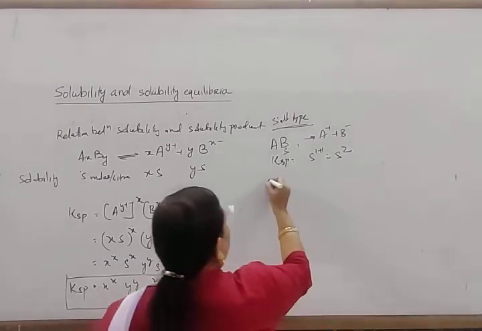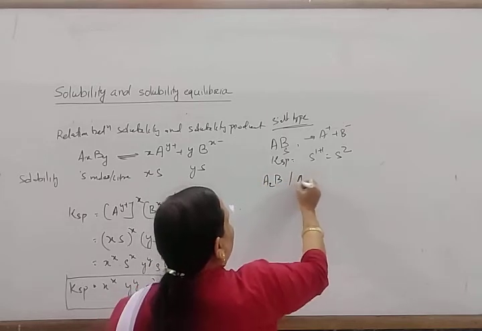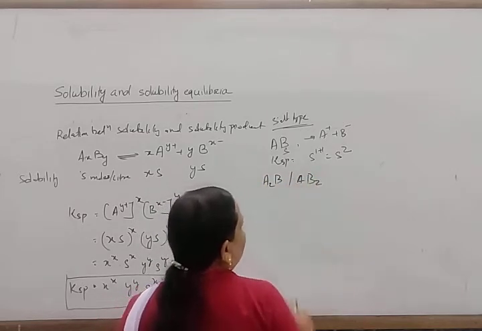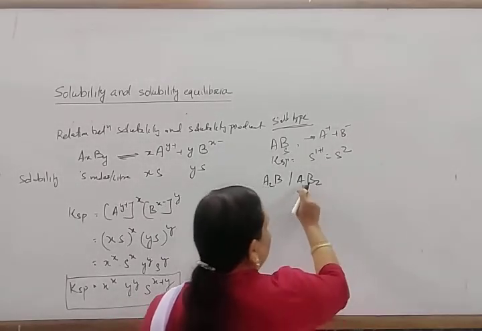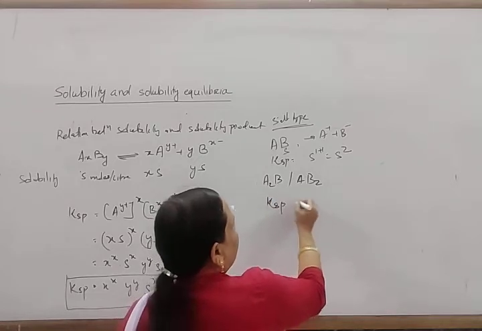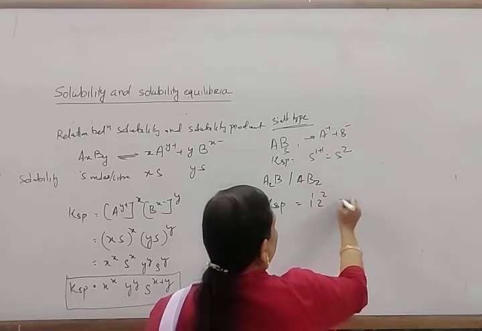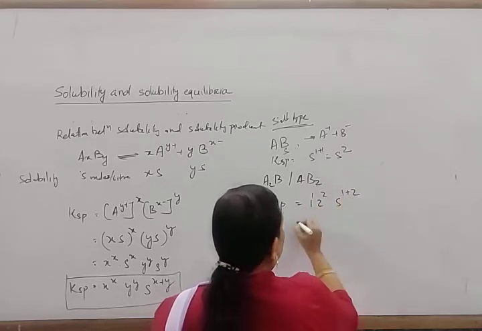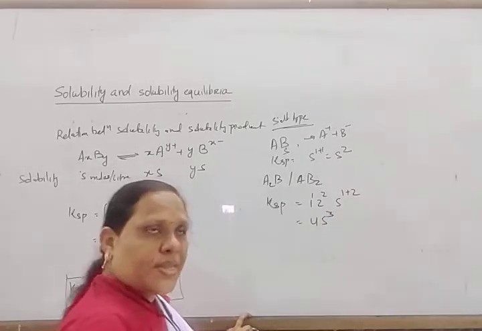Similarly, if the salt is of type A2B or AB2 type, then what are the coefficients? 1 coefficient and 2 coefficient. Then what is the value of its Ksp? Its value of Ksp is 1^1 into 2^2 into S^(1+2), that is 4S cubed.